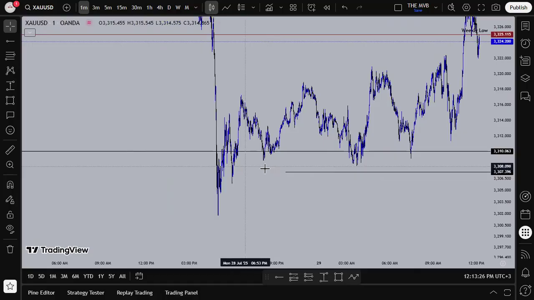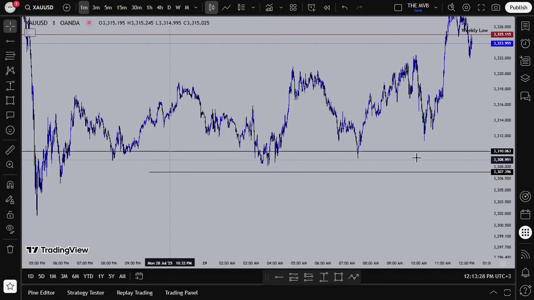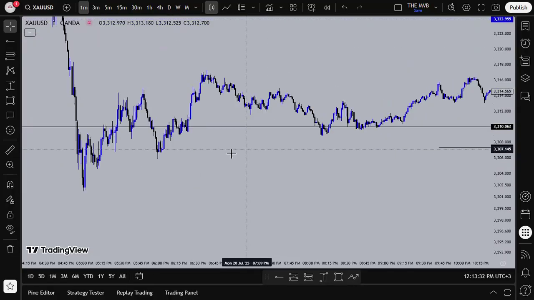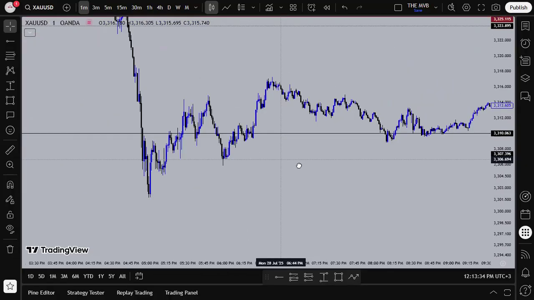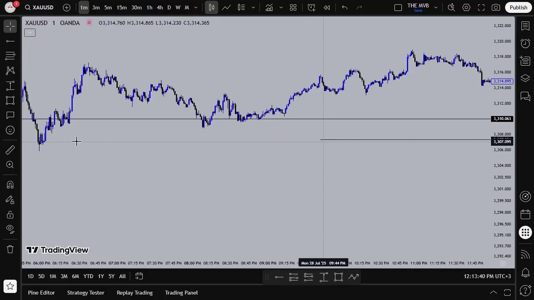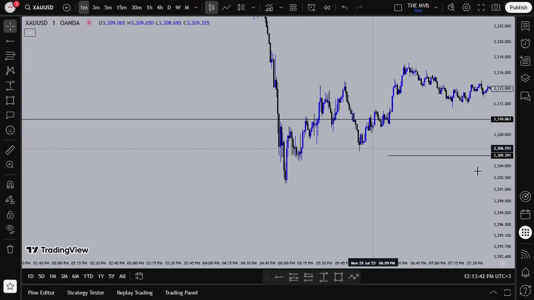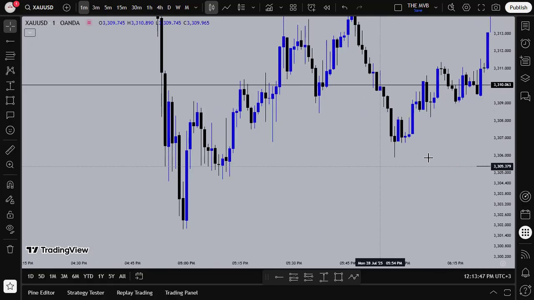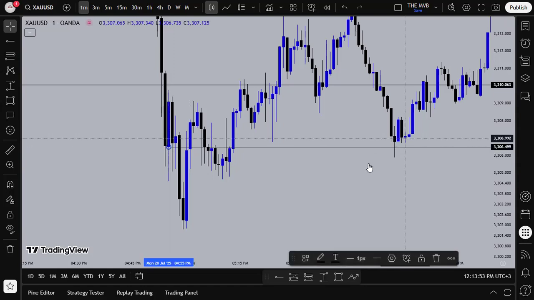One of my students sent me this entry. Okay, here. If you observe this entry clearly, it was a liquidity engineering, this entry here, this point here.